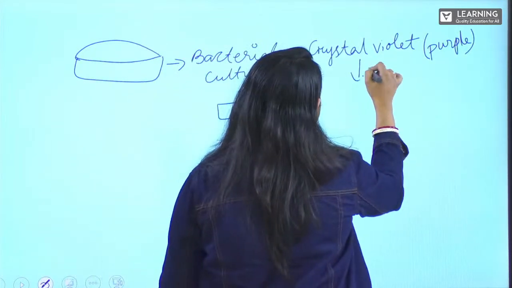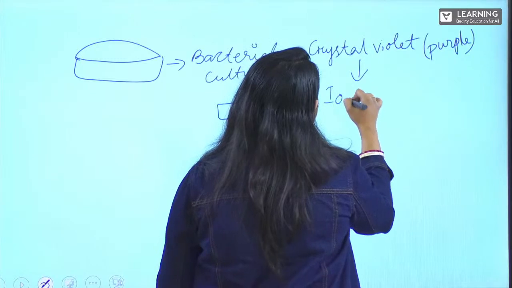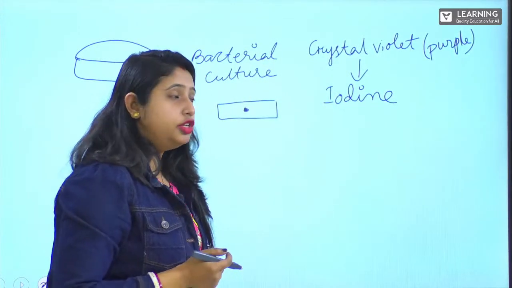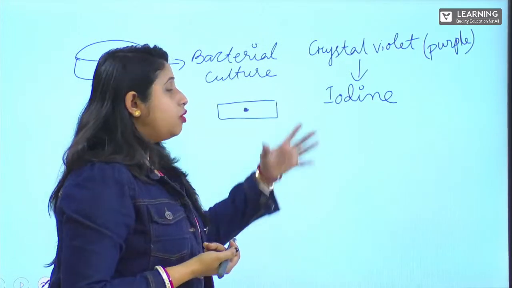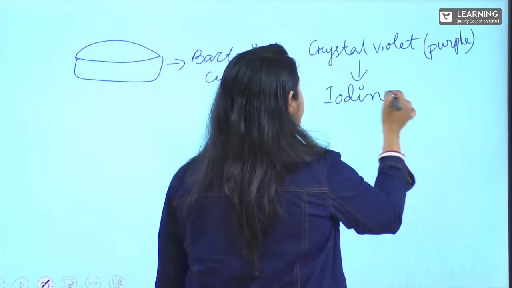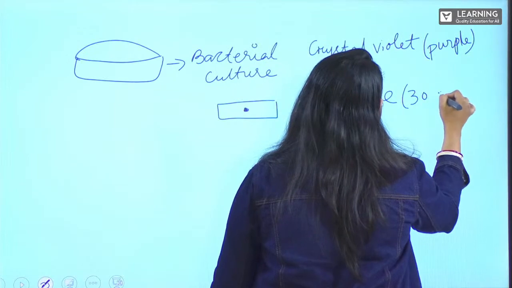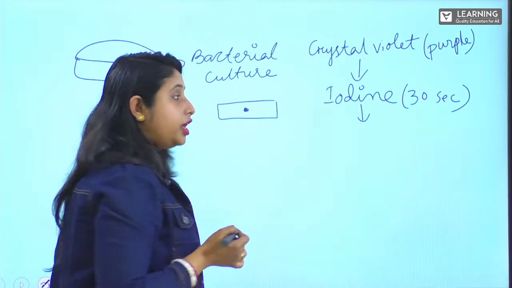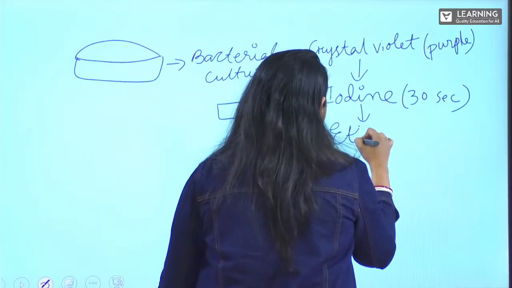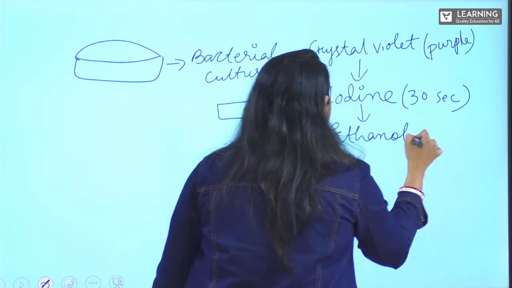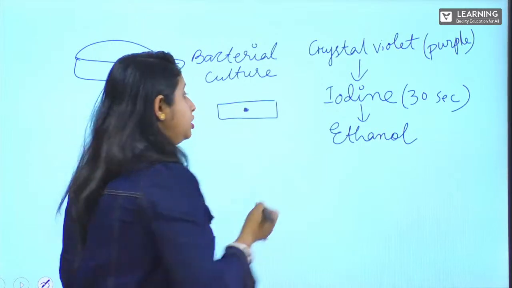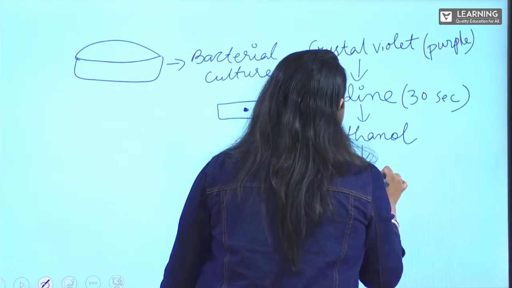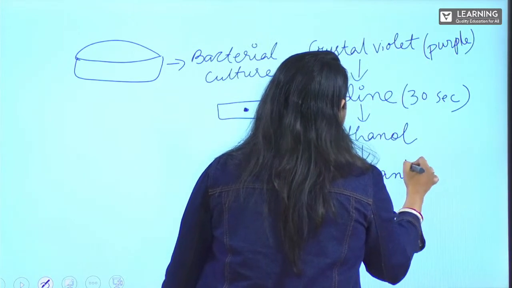Then after that we have to use the iodine solution and keep it for 30 seconds. Then after that you have to wash it with the ethanol. After washing it with the ethanol, you use the safranin solution at the last.